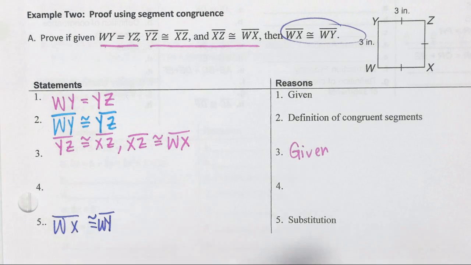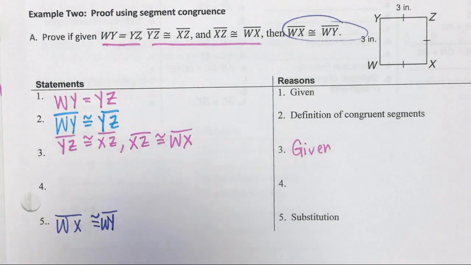So all I'm lacking is line 4. I've got to figure out what to put on line 4. And I still haven't examined the picture or really thought through the problem. I've just been kind of guessing or fumbling my way through the proof.